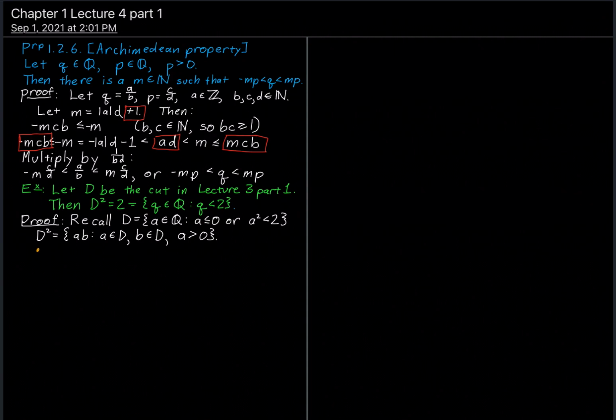So let's start with a rational number Q that is not in the cut for 2. That means Q is greater than or equal to 2. Q is a rational number, and we want to show that Q is not in D squared.